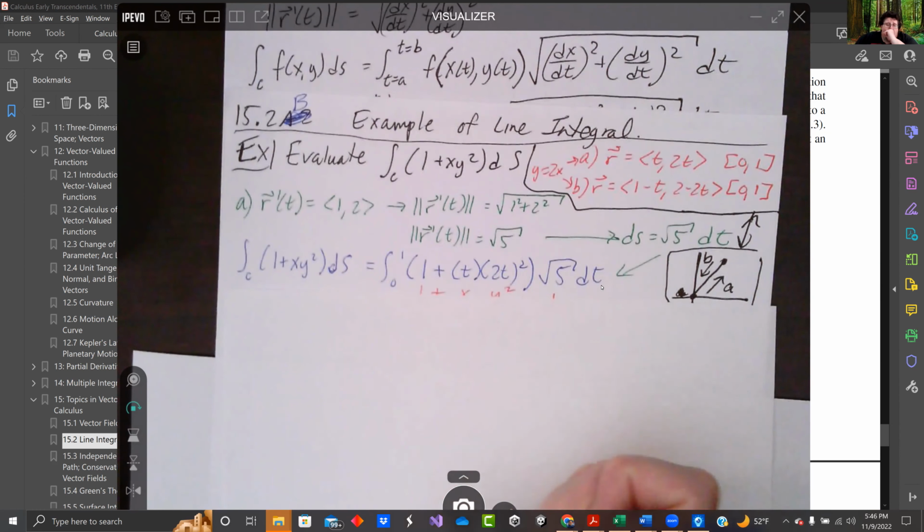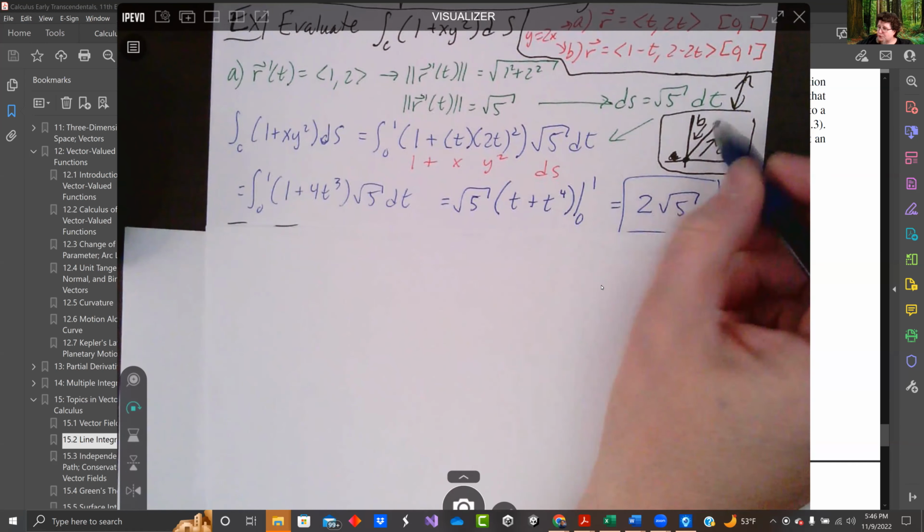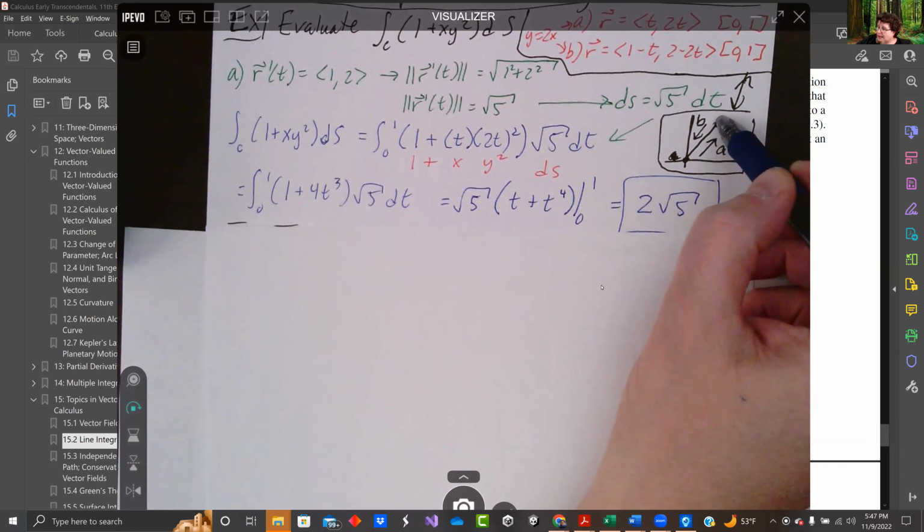We have to make sure we plug in t and 2t for x and y respectively, and we turn our ds into the square root of 5 times dt. When we integrate that, you're going to end up getting 2 root 5. That was us starting at the origin and, after t equals 1, going up to 1, 2.